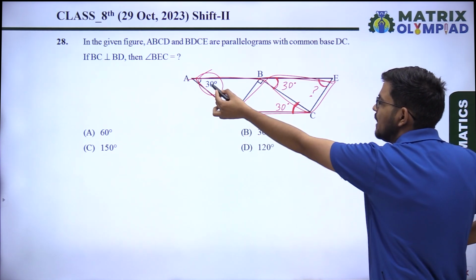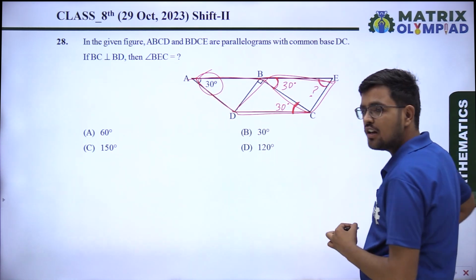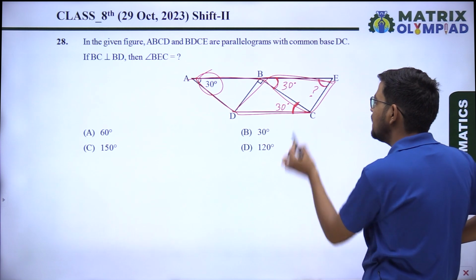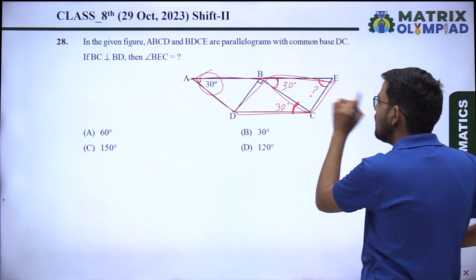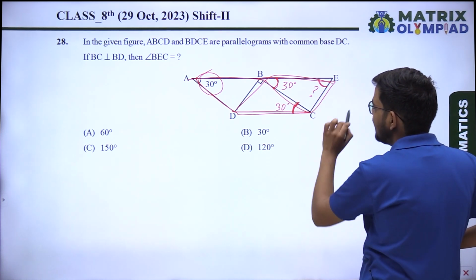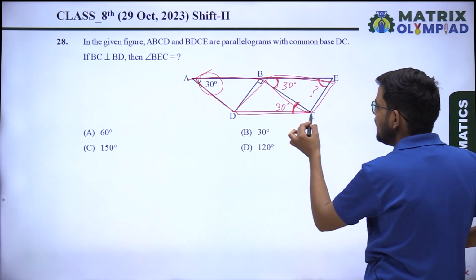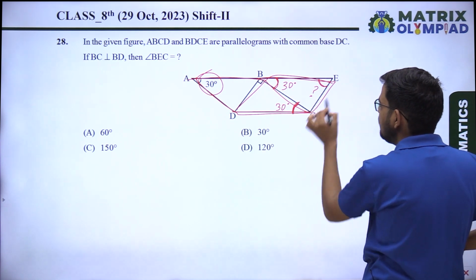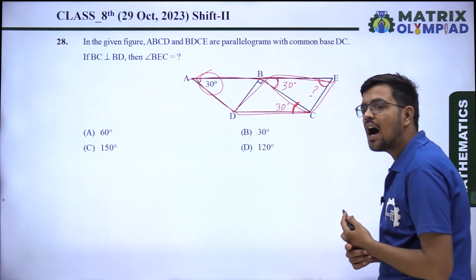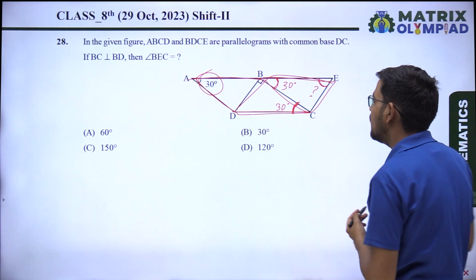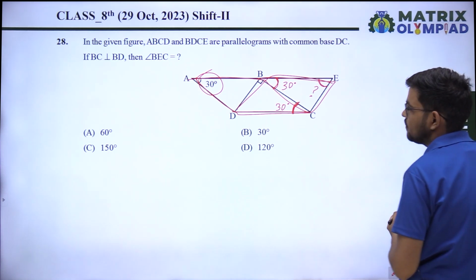If the measure of this angle is 30 degrees, then the measure of this angle will also be 30 degrees. Why? Because these two angles are opposite angles of the parallelogram. In the parallelogram, opposite sides are parallel, so BC is a transversal. So angle BCD and angle EBC are alternate interior angles.